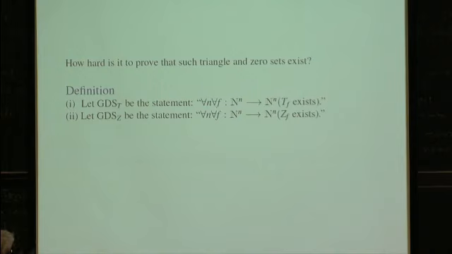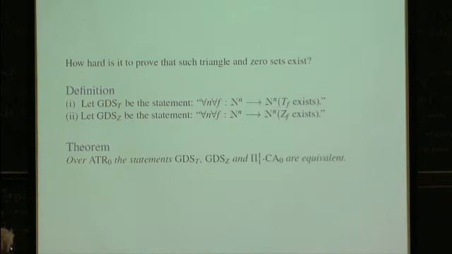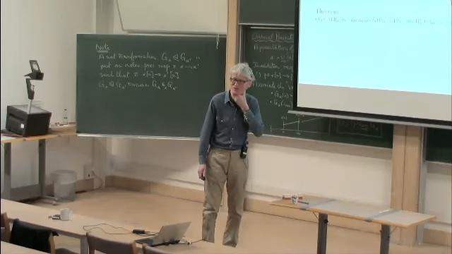If it's formulated, we can think of this as something in second order number theory. So it's a statement in analysis. And it turns out that these are equivalent to pi 1 comprehension, same theory as from last talk.